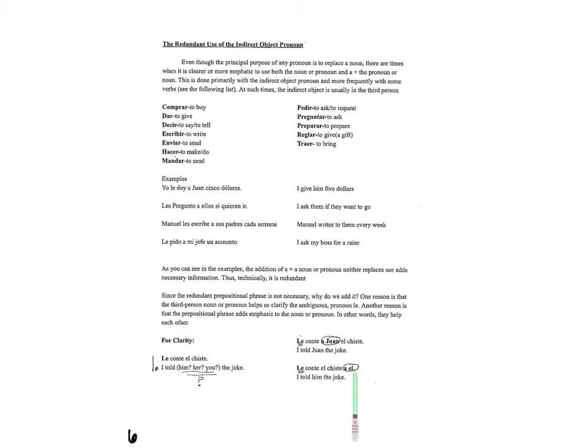We're going to clarify who it is that we're talking about when we use these indirect object pronouns. So yesterday my example was yo le escribo, period. But you don't know who the le is talking about, whether it's him or her. So here you are going to have your IDOP, and you're going to clarify after the verb who it is that you are talking about.